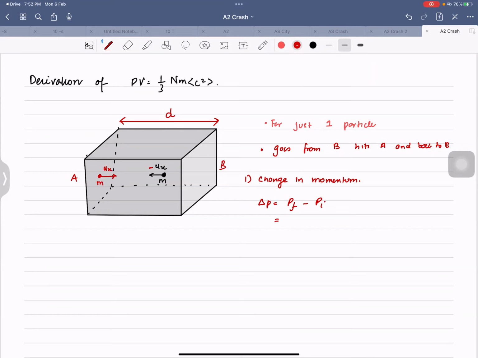Why ux? Because in ideal gases, we have learned that all collisions are elastic, which means you do not lose any kinetic energy. So the change in momentum is m times ux minus m times minus ux, which is mux plus mux, giving 2mux. Any questions up till now, please let me know.